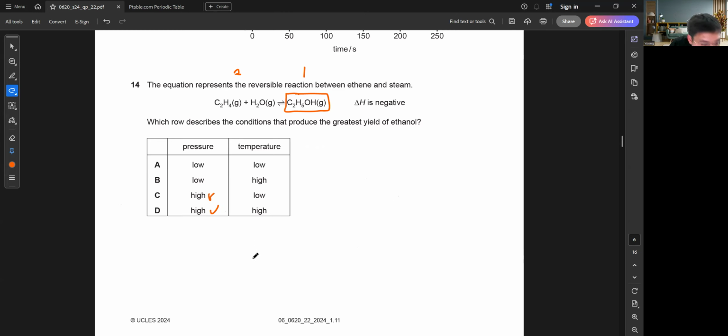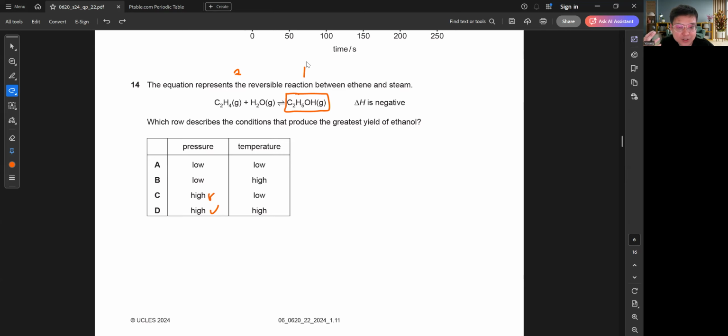Okay, so let's continue. When we want the side with fewer moles, we want higher pressure.